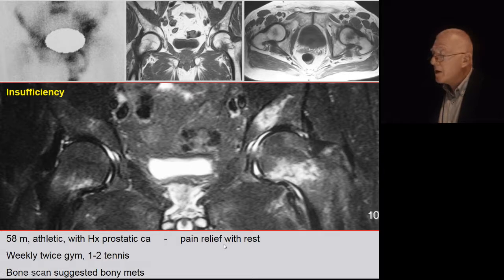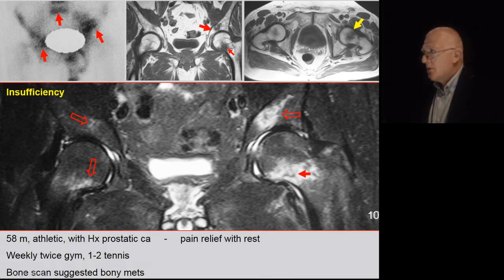There is pain relief with rest. Bone scintigraphy suggested metastatic disease, and MRI shows many areas of bone marrow edema representing stress reaction, and another one with low signal intensity line extending to the cortex, which is a stress fracture. With just rest, this patient had a full recovery in 3 months.